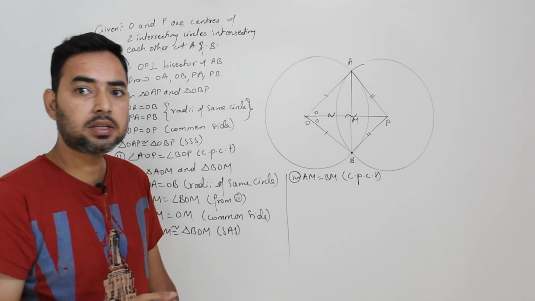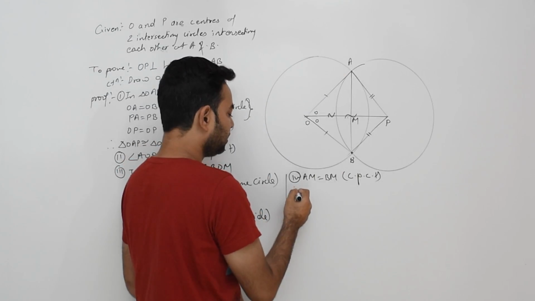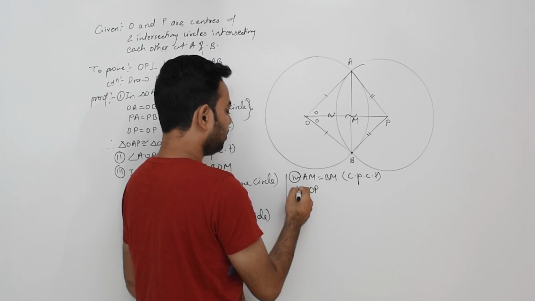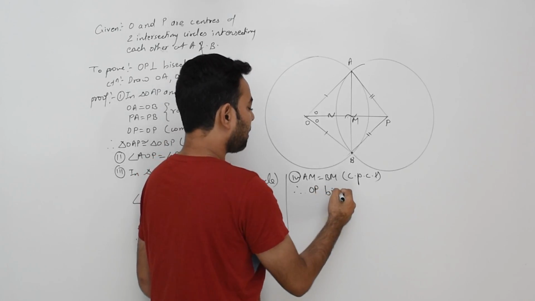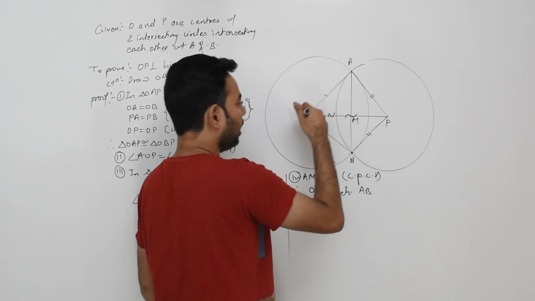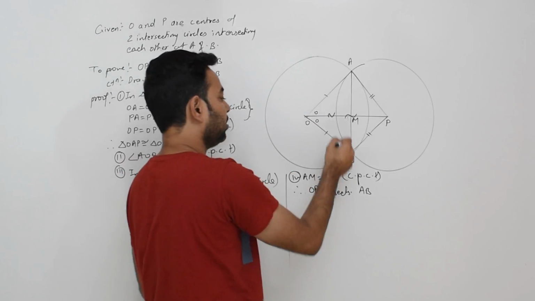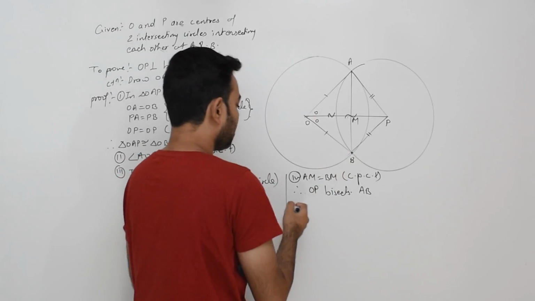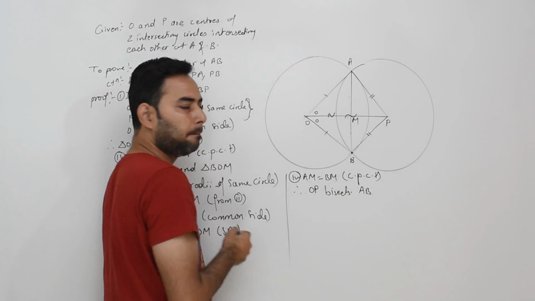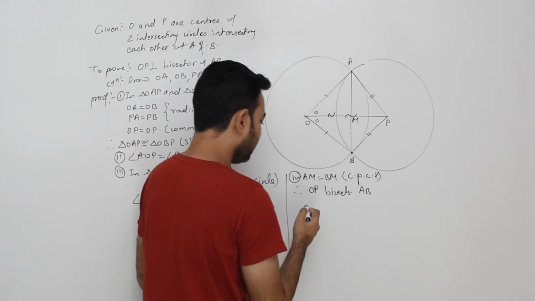What does it mean? It means that OP bisects AB. Therefore write OP bisects AB. That means OP divided AB into two equal parts. How? AM equals BM. So if AM is equal to BM, then M is the midpoint.